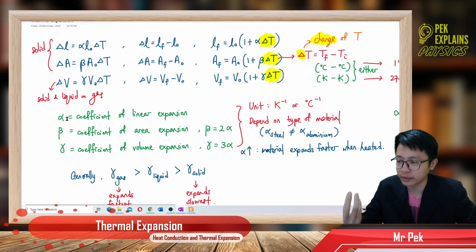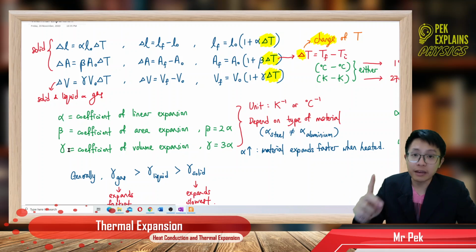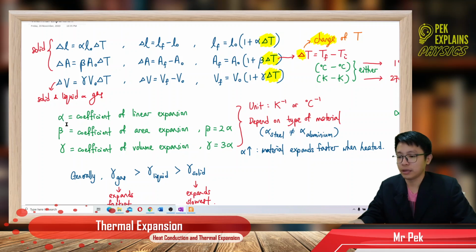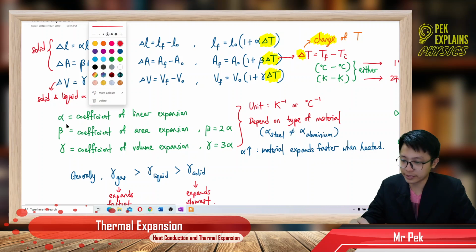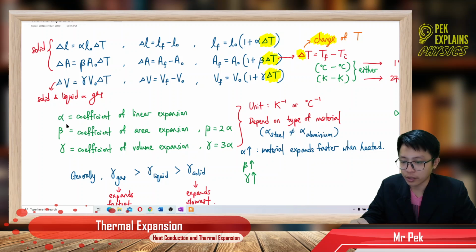So the higher the alpha, the higher the beta, the higher the gamma, the material will expand faster when heated.